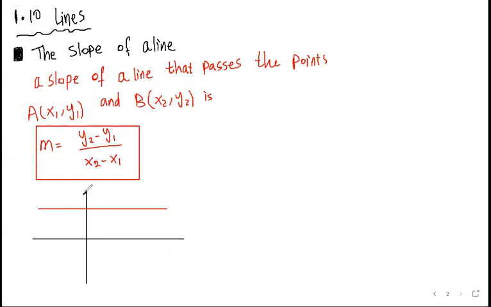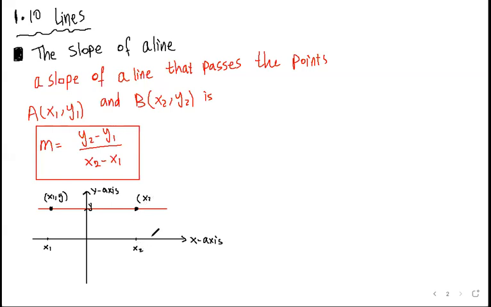Here is the y-axis, and this is the x-axis. What is the slope of the horizontal line? Here, I want to take any 2 points. This is the first point, suppose it's x1, comma y. This is y here. And this is my second point, x2.